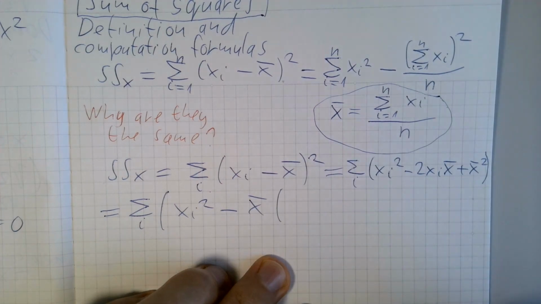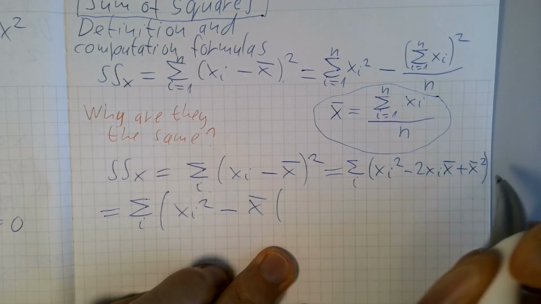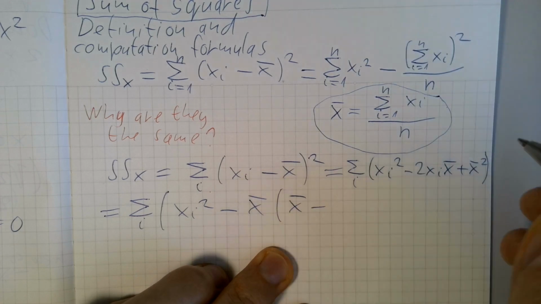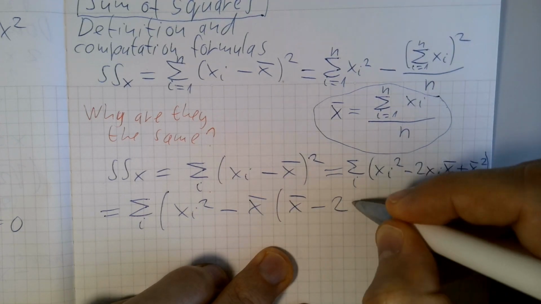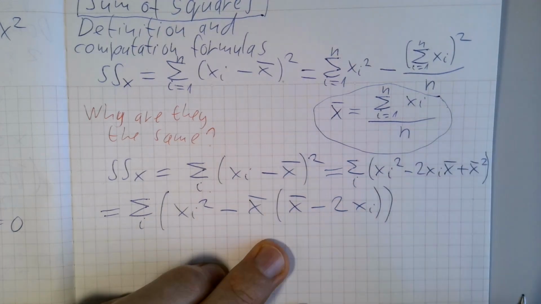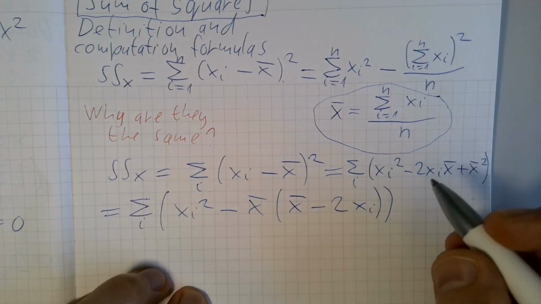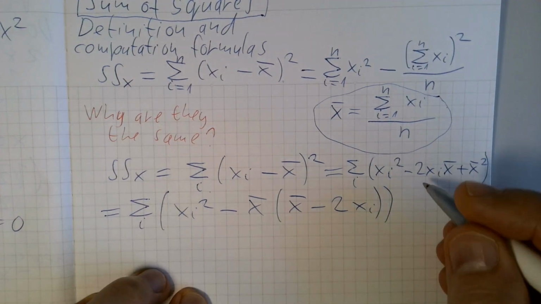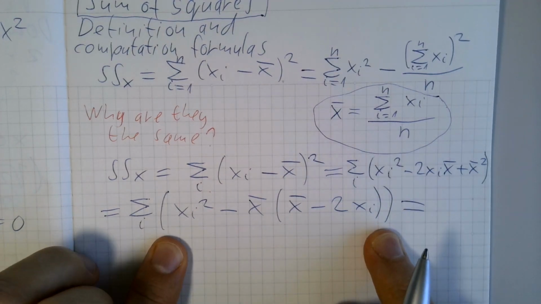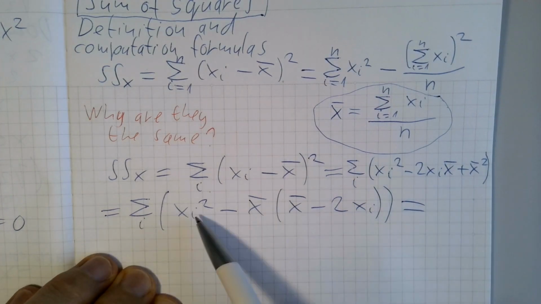So this will be, let's write it that way. So we have the mean minus 2 times xi. So at this point, we can get rid of this parentheses, the outer level, because we are summing over, and this is a sum as well.